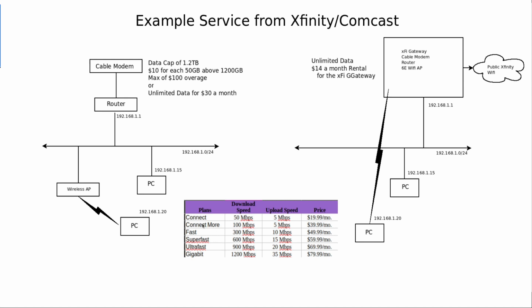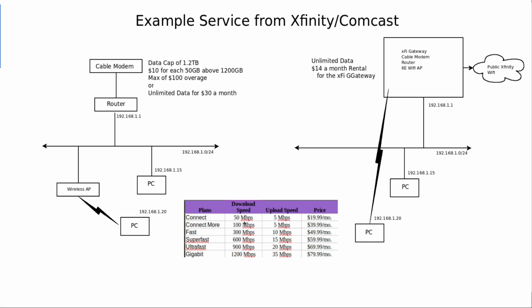In the case of Xfinity, they provide a low-end plan that they call Connect. It gives you a 50 megabit download speed and a 5 megabit upload speed, and it's $20 a month. So the first thing you'll notice about these cable modem plans is that almost exclusively, current cable modem plans tend to be asymmetric.